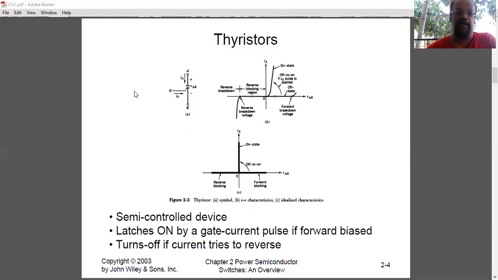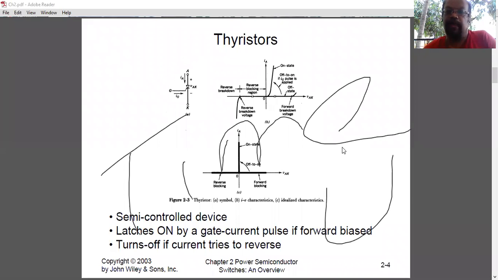When the negative half cycle comes, automatically the anode terminal becomes more negative than cathode, making it reverse biased. Because of the reverse bias, the reverse blocking capability comes into the picture, and automatically that prevents the conduction. But here it is totally uncontrolled. Power circuit alone is capable of controlling it.